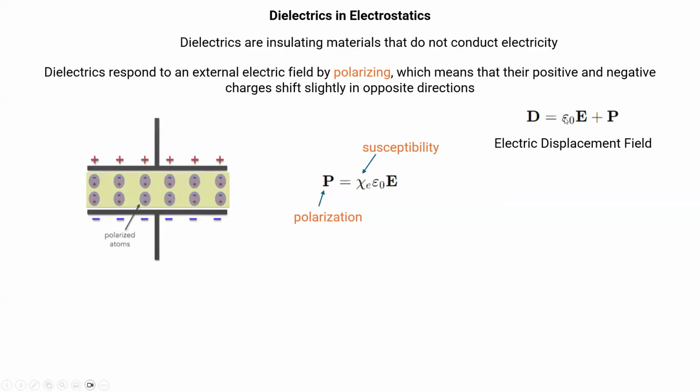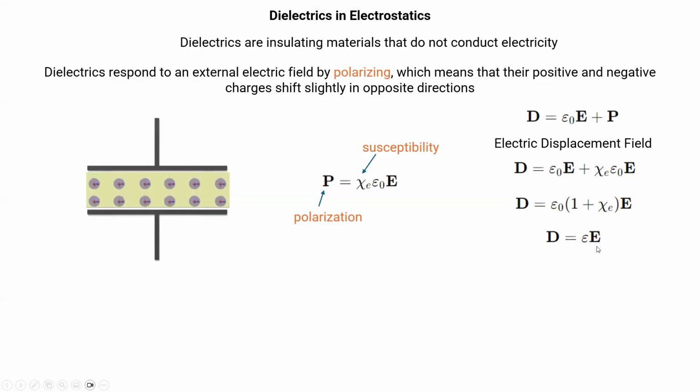And the sum of the two is our resulting field, the displacement field D. Substituting the formula for P through susceptibility into this one allows us to write the displacement field as a linear function of the electric field, introducing the dielectric permittivity function, epsilon, which is equal to epsilon 0 times 1 plus susceptibility.